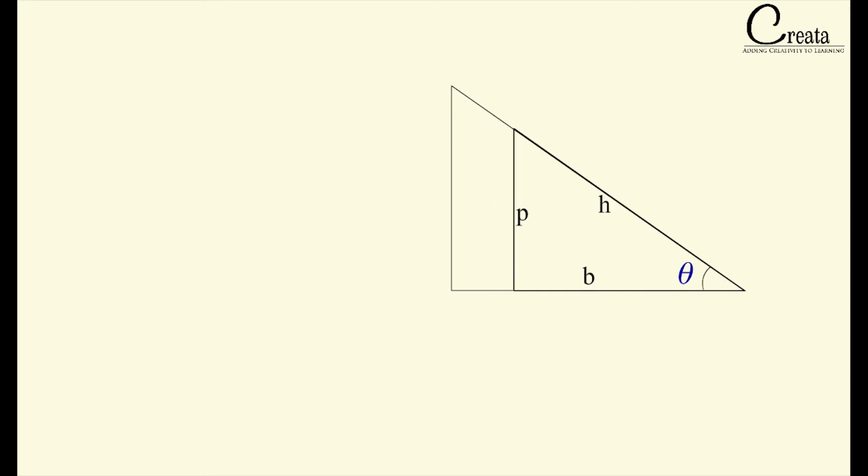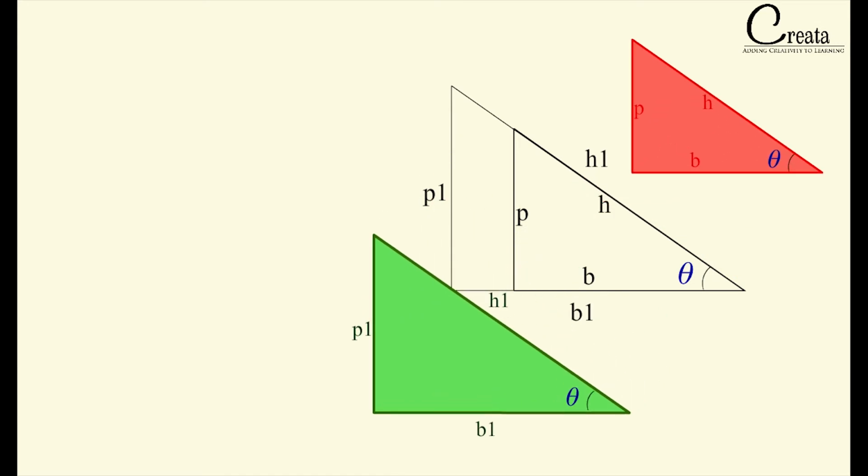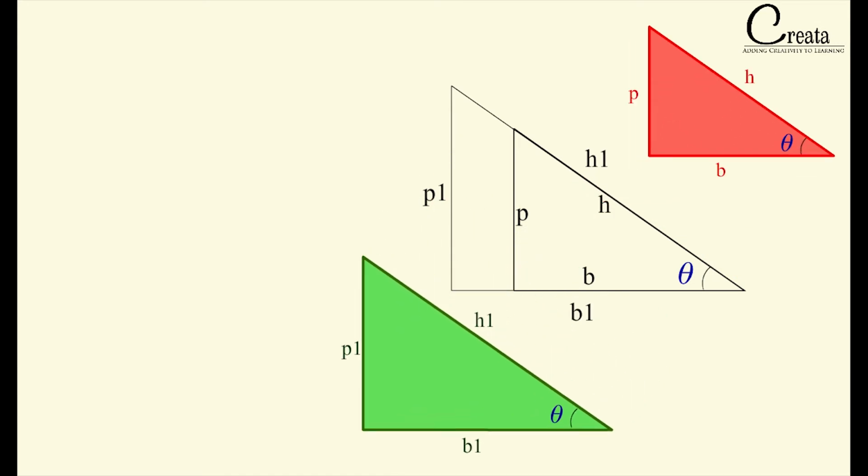Let's assume the three sides of the new triangle as base B1, perpendicular P1 and hypotenuse H1. Are you able to see both the triangles? For better segregation, let's mark the first triangle and its sides in red and the second triangle in green.